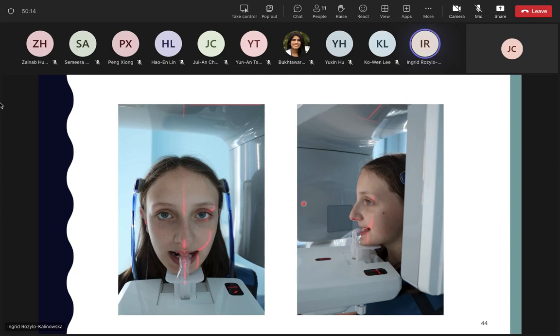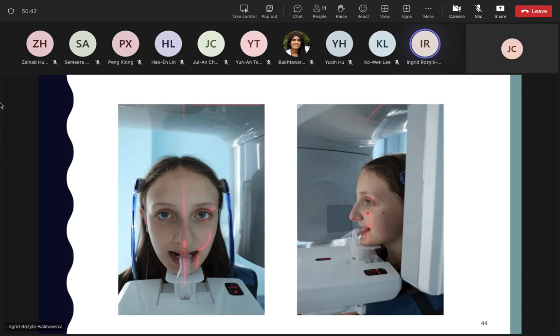The second line is the line that we can see very clearly in here, but this is a line that goes between external auditory meatus and infraorbital rim, and it should be horizontal. And I would say that with time, with experience, you don't really need that line because you just see when the occlusal plane is flat, like parallel to the ground.